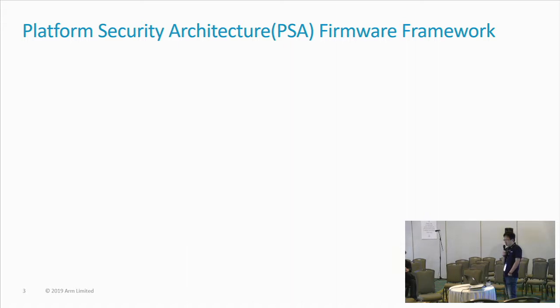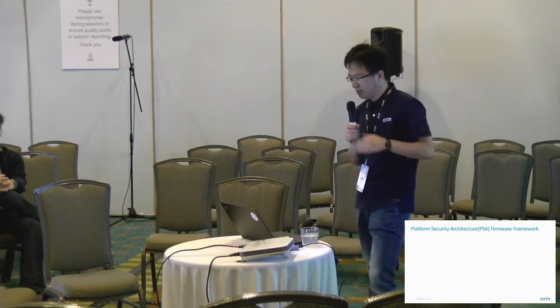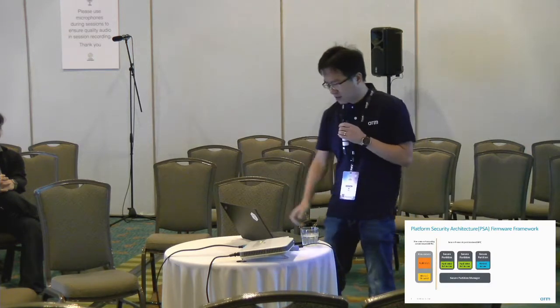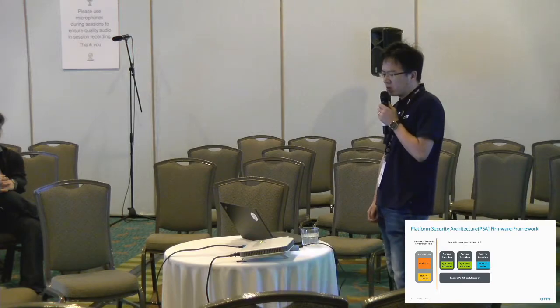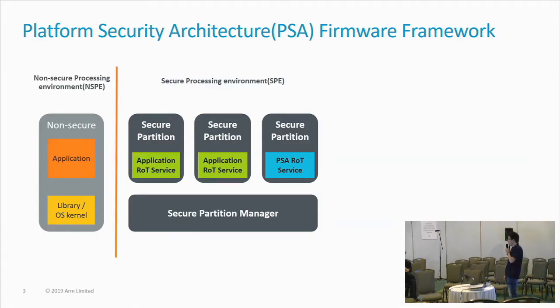The platform security architecture firmware framework, short name PSA, is the software part of the platform security architecture. I will not describe PSA in this talk. I only focus on the domains of PSA. This picture is the overview of the framework architecture defined by PSA.